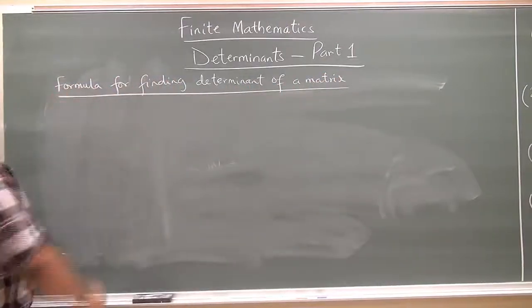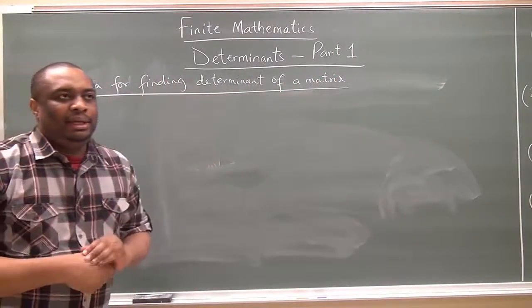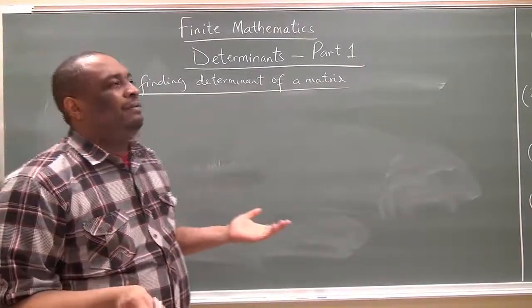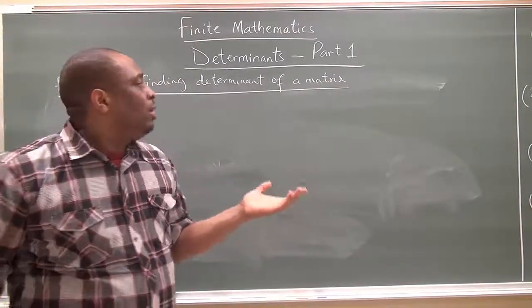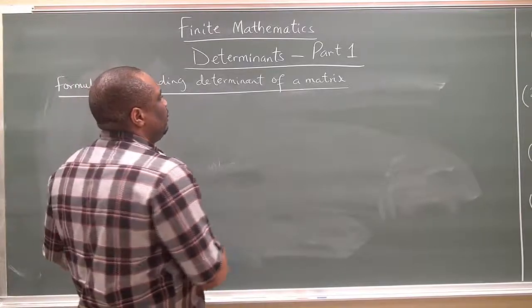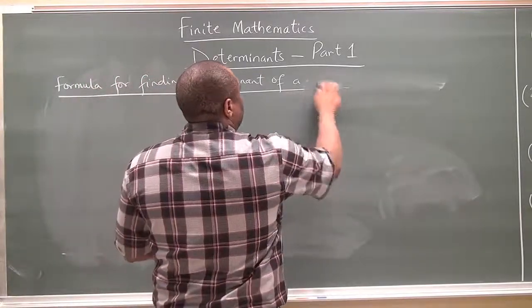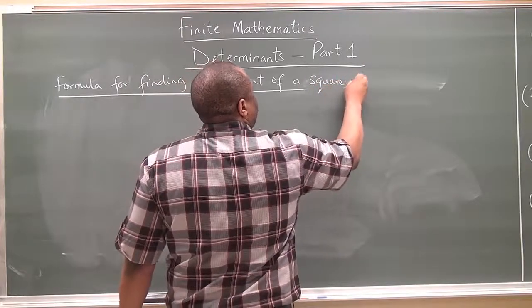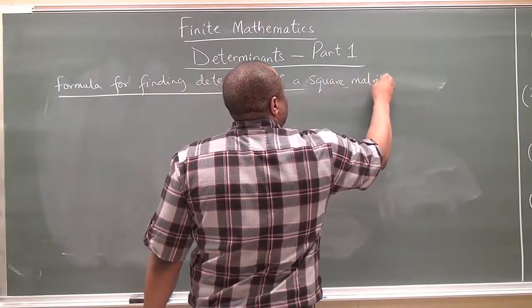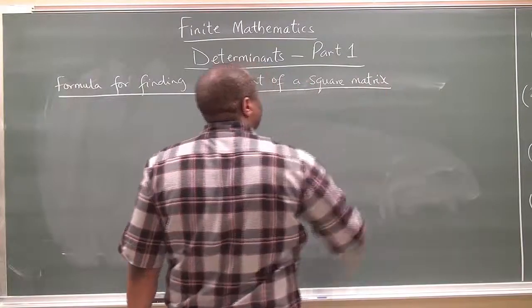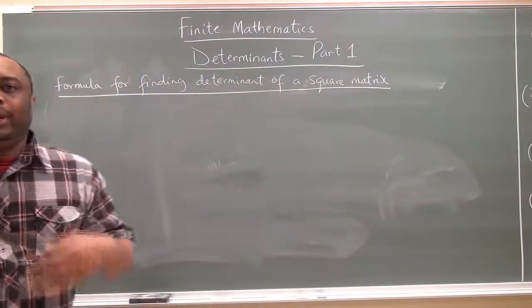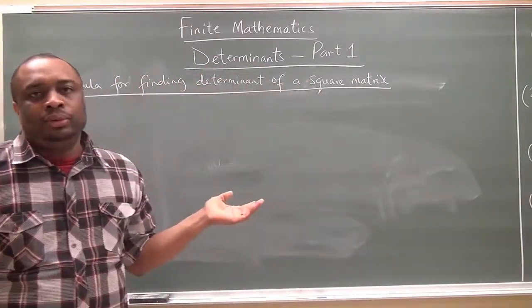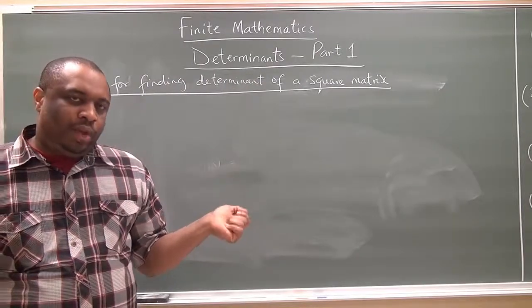Okay, and if we have a matrix, a 2 by 2 square matrix, let's make sure we put square matrix, because the determinant exists only for square matrices. So let's say we have a 2 by 2 square matrix.